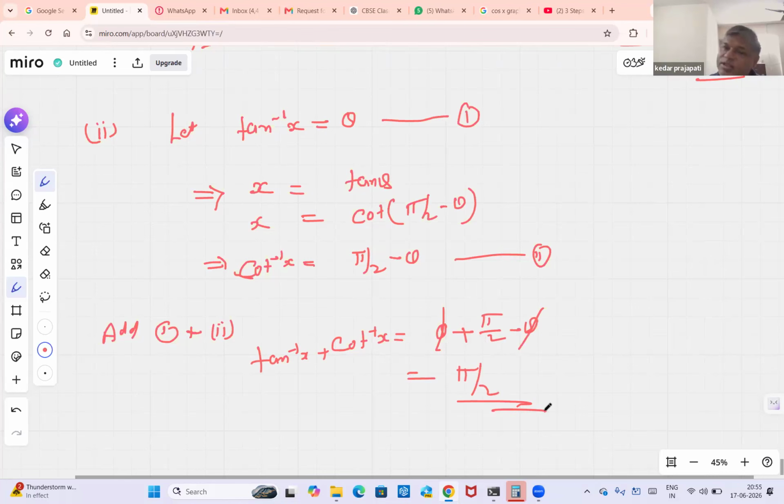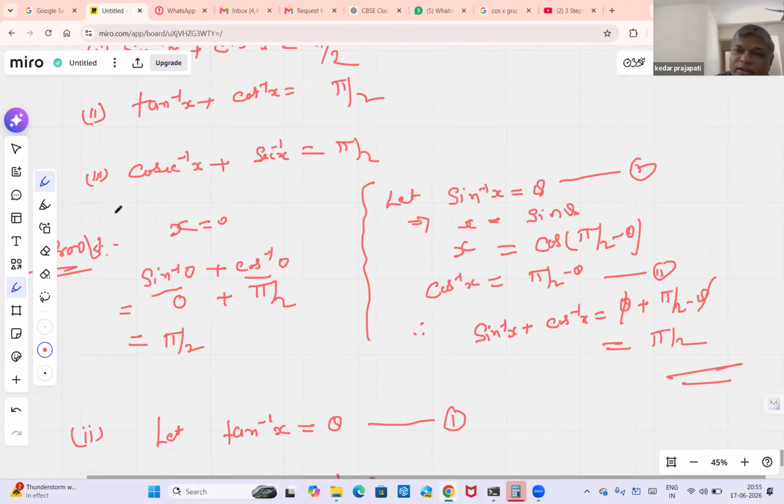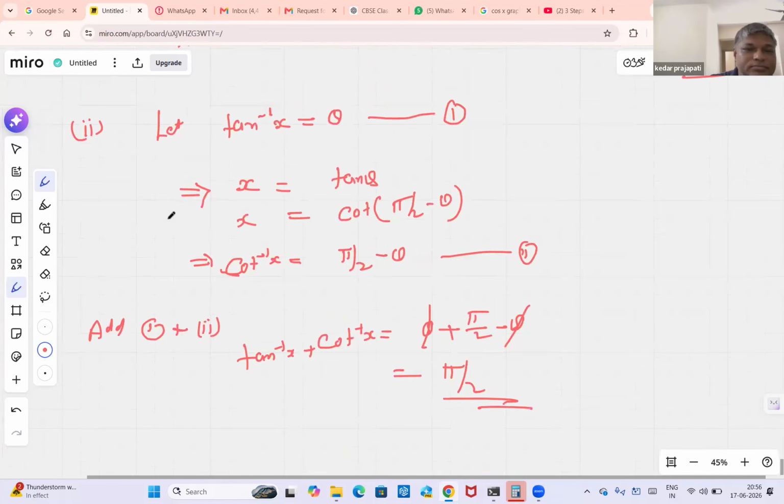Proved. So what did we learn? We learned that sine inverse x plus cos inverse x equals pi by 2, tan inverse x plus cot inverse x is pi by 2, and cosec inverse x plus sec inverse x is pi by 2. There will be questions here and there coming up, but don't worry, we'll be able to solve them.